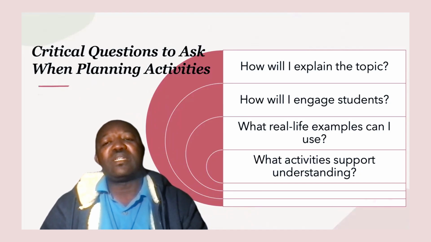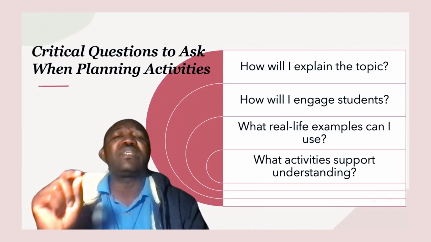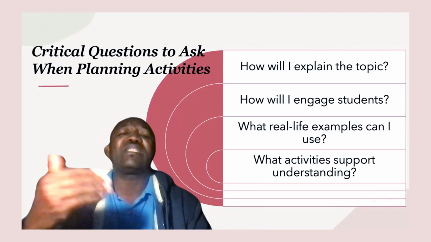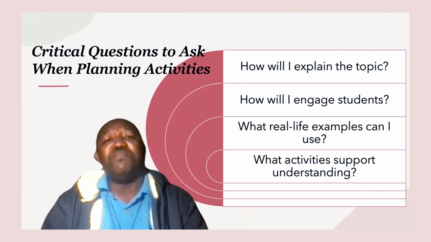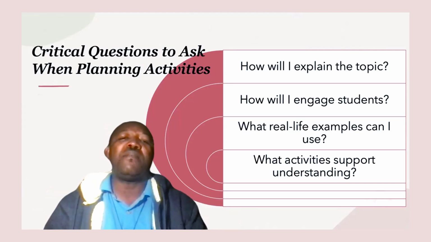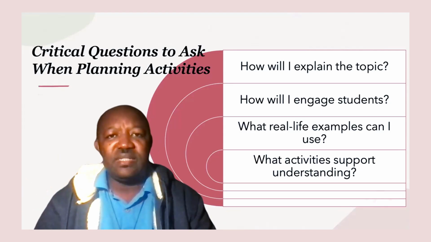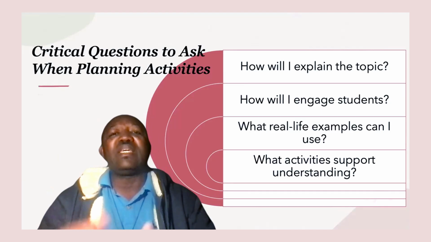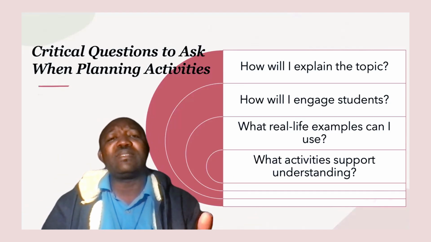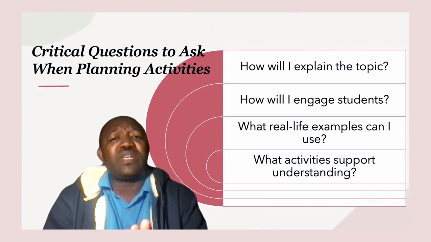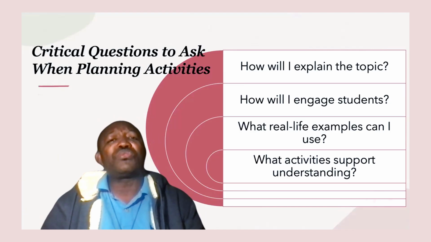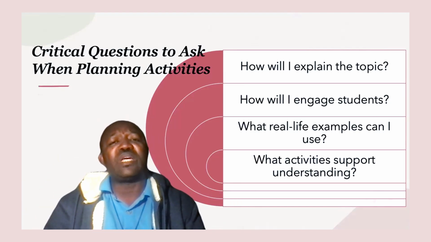Then you ask, what real life examples are there that I can add to my explanation to make it meaningful? If I am teaching about giving, then where are some generous people in the society, some philanthropists who have donated so and so to society?